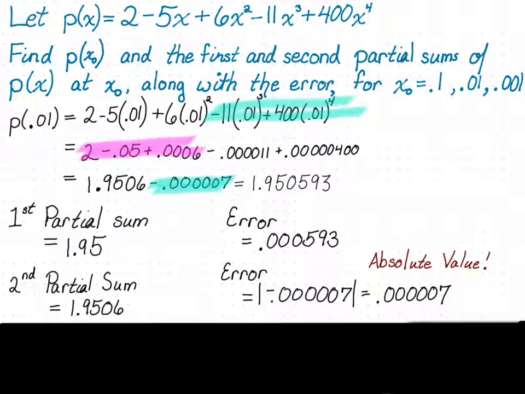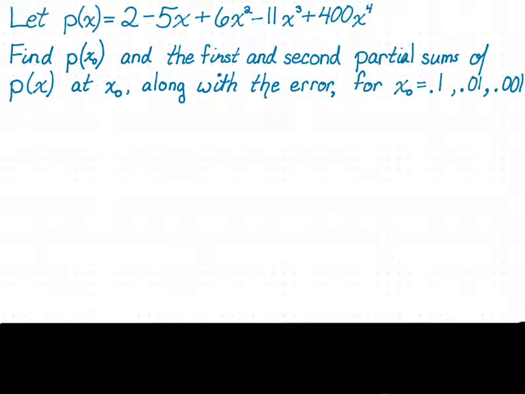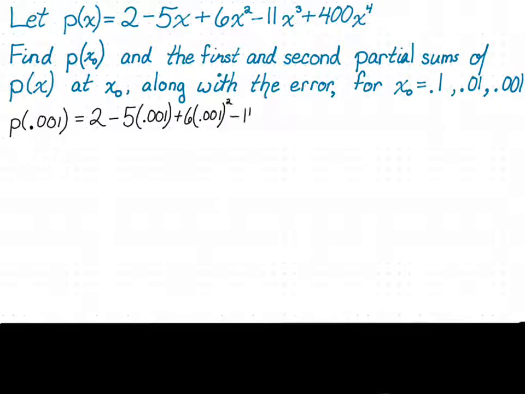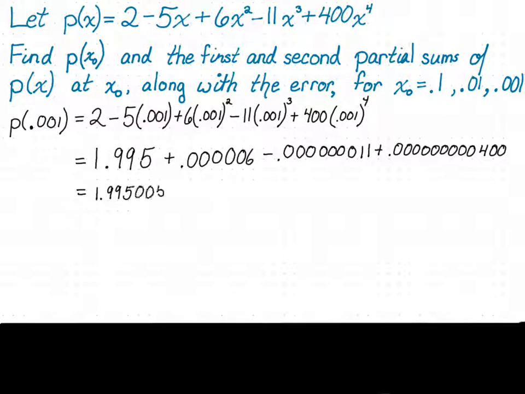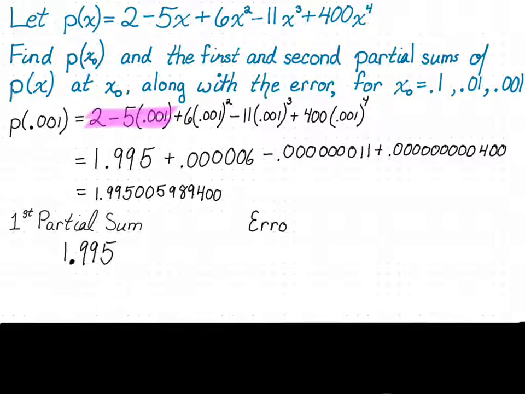And we're going to do the same thing for 0.001, but I'll run through it pretty quickly because it works out the exact same way. So I'm going to plug in and I'm going to get a pretty horrendous number. Again, you can do it in your calculator. The first partial sum, I'm just looking at those first 2 terms, 1.995.